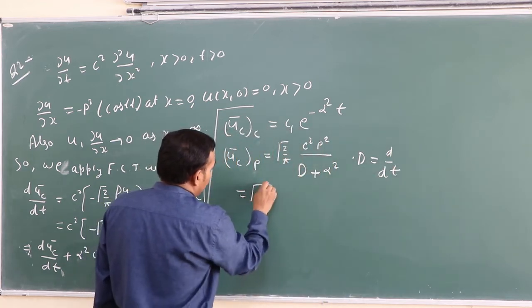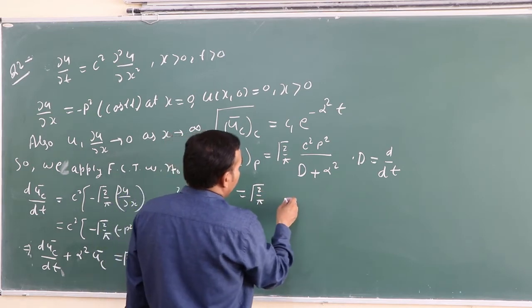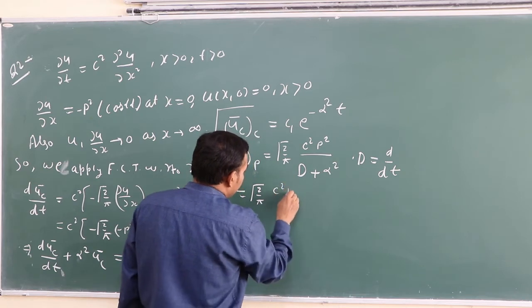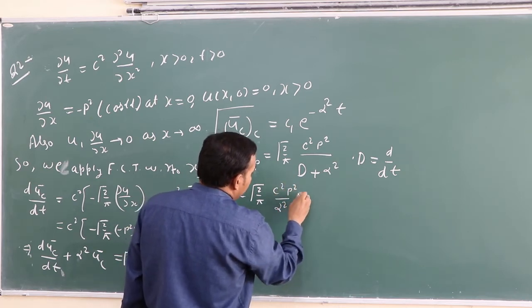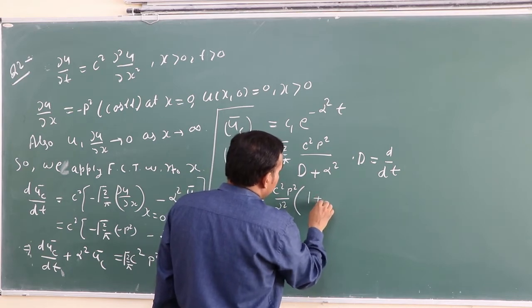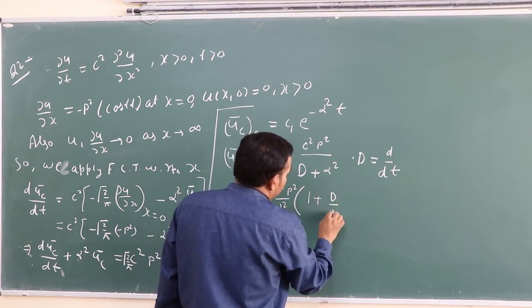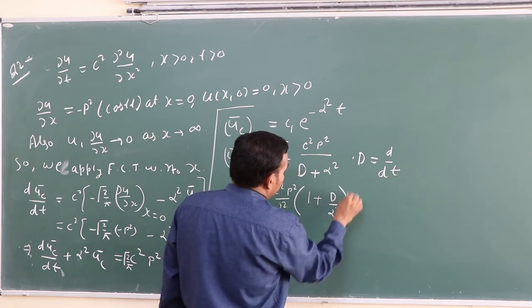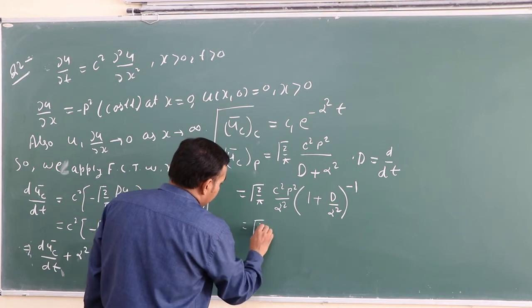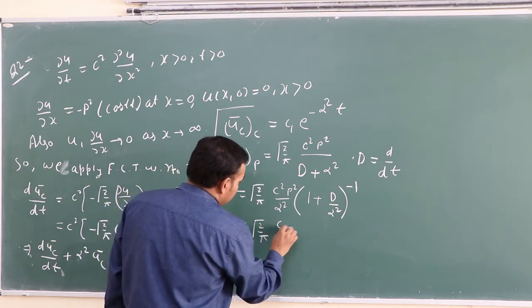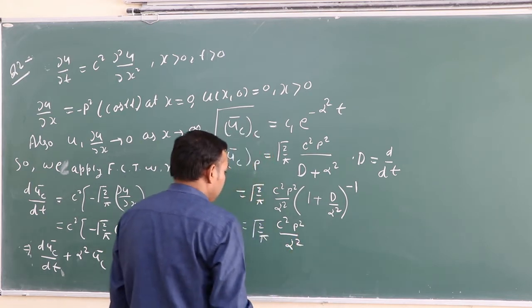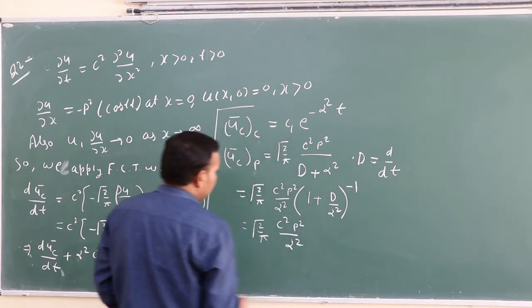So under root 2 upon pi, c square p square upon alpha square c square, and we can write as 1 plus D upon alpha square c square, whole to the power minus 1. Simply written as under root 2 upon pi p square upon alpha square. So this is the particular integral.